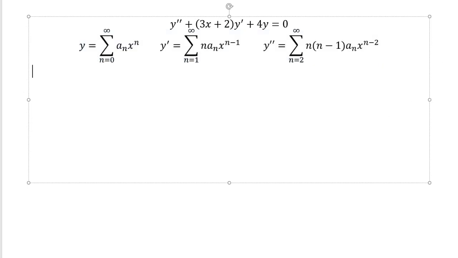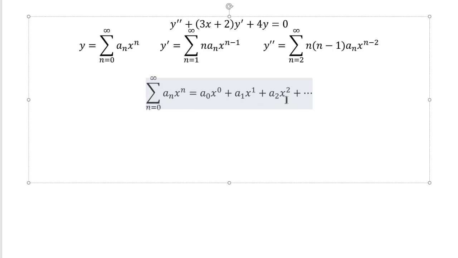So for example, this actually means when n is equal to 0, this is a0 x to the 0th power, plus a1 x to the first power, a2 x to the second power, and so on, right?